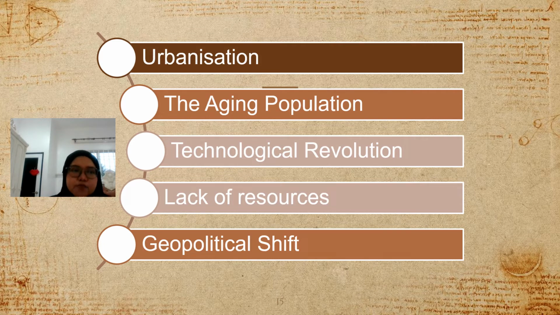Due to the aging population, the government has raised the retirement age of civil servants to 60 years, as well as creating a private pension fund. There are other problems such as technological revolution, lack of resources, and also geopolitical shift. However, the government has made a lot of plans to overcome these problems.